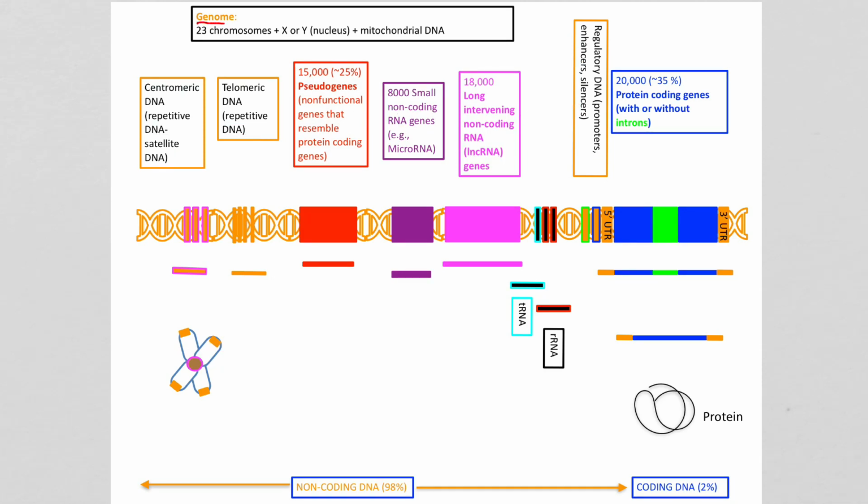So the genome is our 23 chromosomes plus the X or the Y chromosome. That's all in the nucleus, and this is what your nuclear genome is. And then we also have mitochondrial DNA.